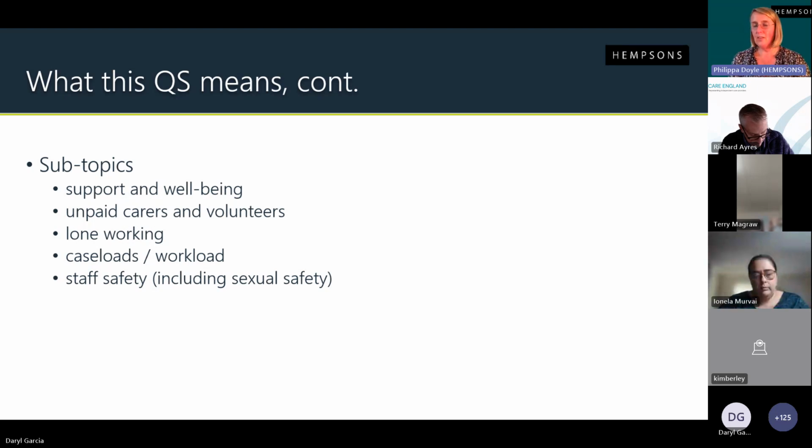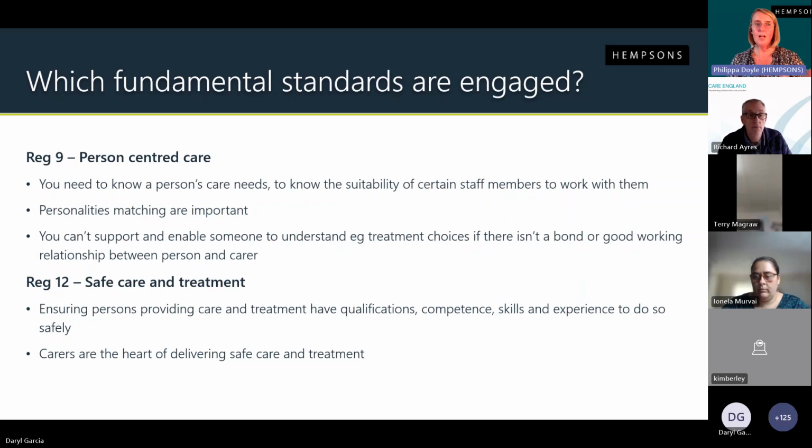I then look at picking those quality statements apart and look at how they link back to the regulations. So if we go on to the next slide, please, Daryl. When we're looking again at which fundamental standards are engaged, CQC have brought Regulation 9 into this, person-centred care. You need to know a person's care needs and their preferences to know the suitability of certain staff members to work with them.